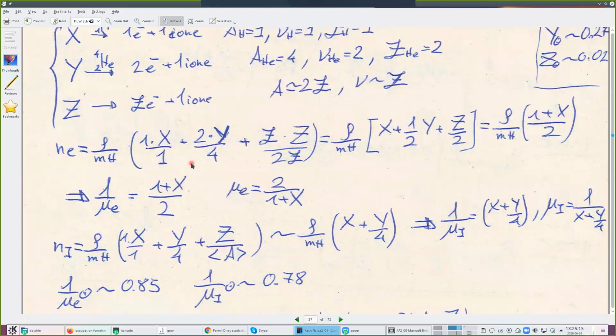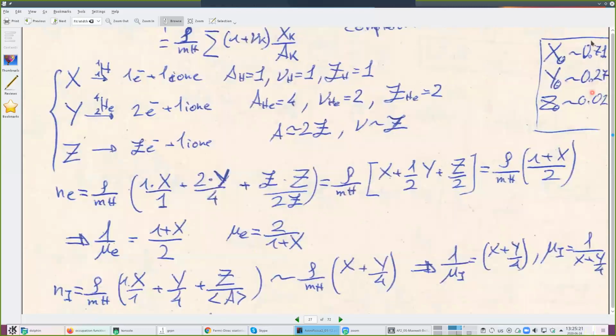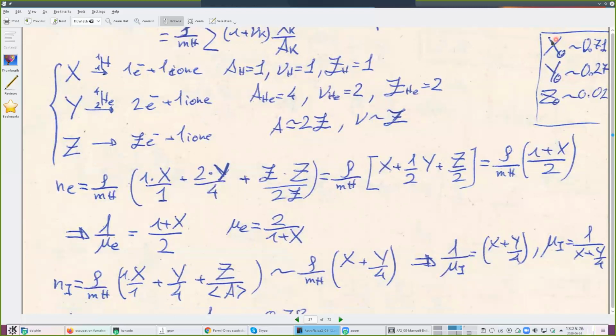X is the fractional mass of hydrogen, with this typical value for the sun. X is hydrogen, Y is helium, and Z is all the other elements called the metals.